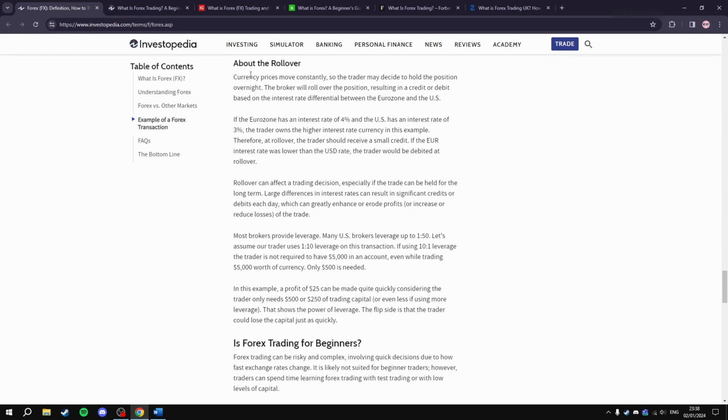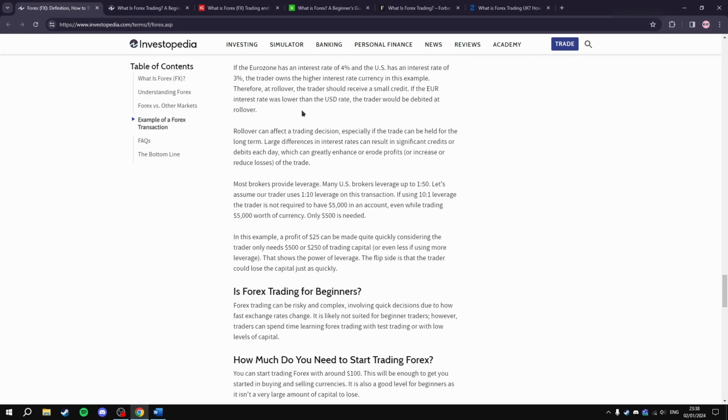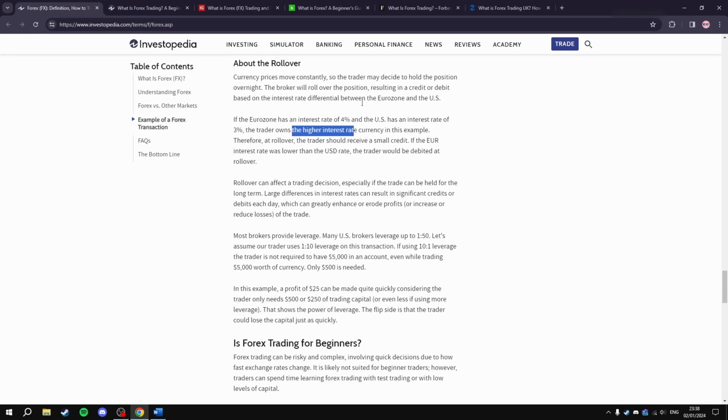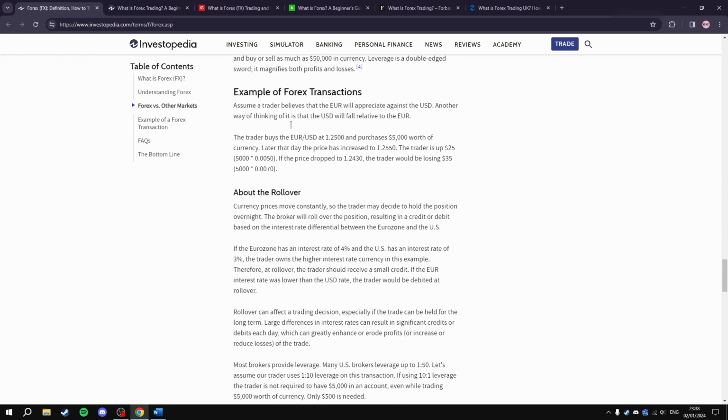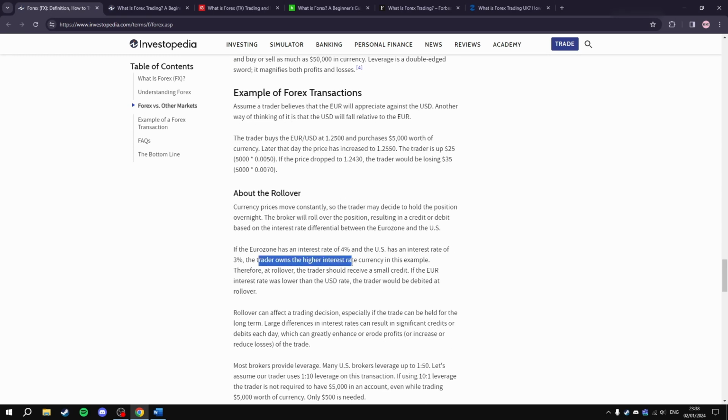About the rollover. Currency prices move constantly, so the trader may decide to hold a position overnight. The broker rate results in a credit or debit based on the interest rate differential with the US. The Eurozone has interest at 4%, and the trader owns the higher interest rate currency in this example.